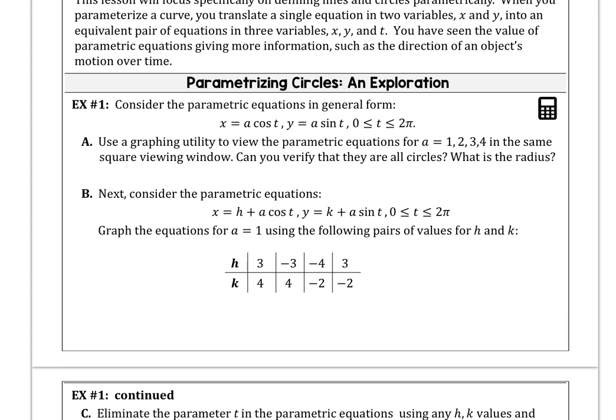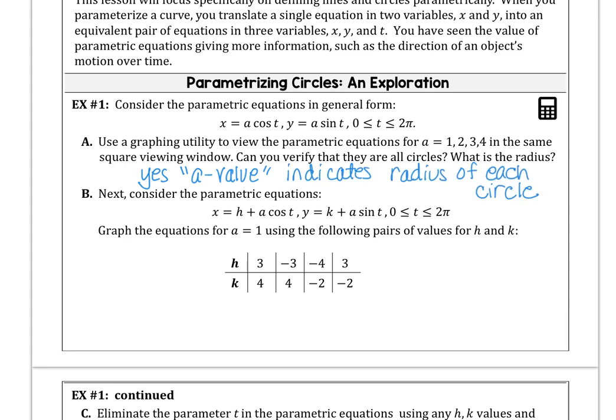You can take care of that on your own with your calculator, and you should see that yes, we have an a value that indicates the radius of each of those circles. So the a value tells us the radius of each circle.